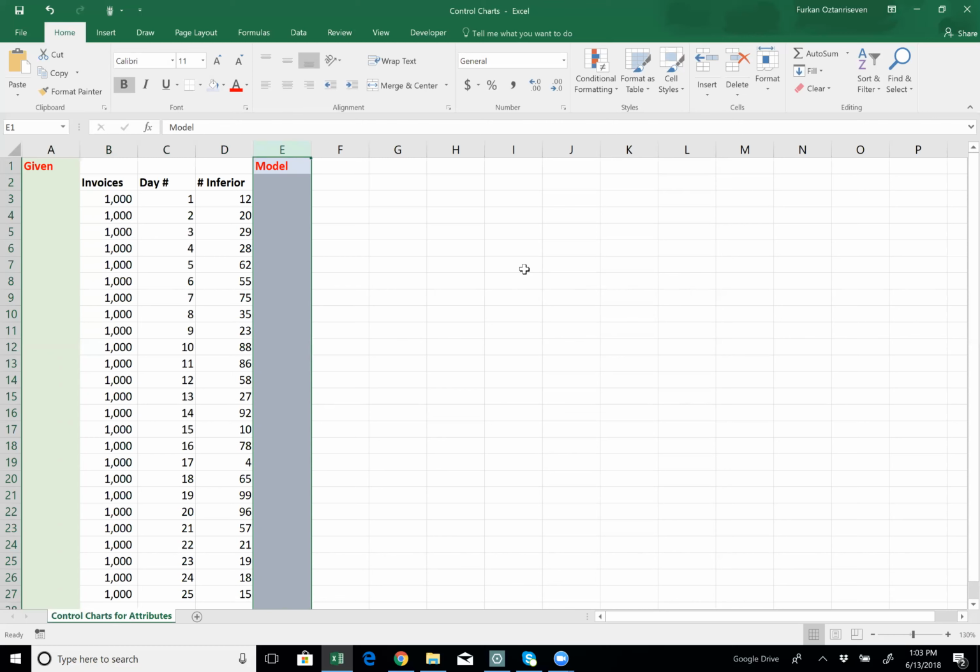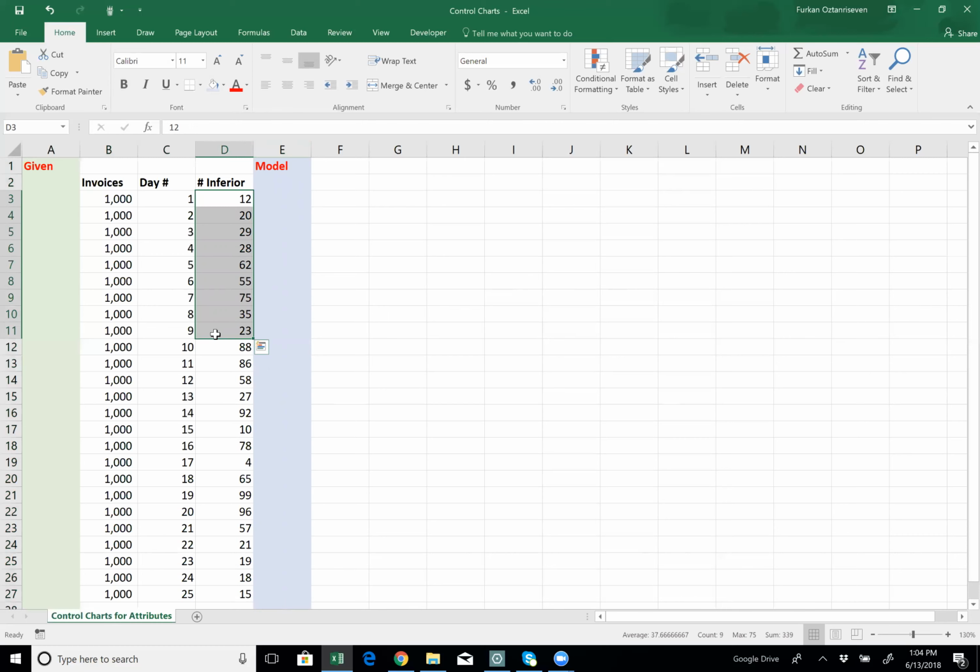So that's assignable variation because you can find an attribute or reason to assign that variation. Again, this is called control chart for attributes because as you see number of inferiors, I can count them, and these are either inferior or good. So it is discrete numbers, and that's why we call attributes.